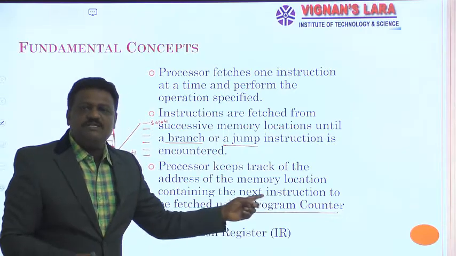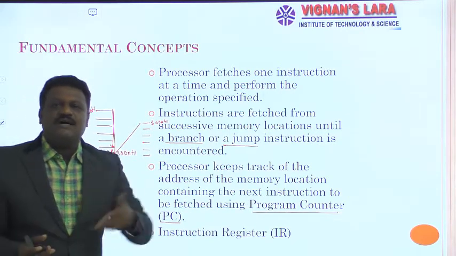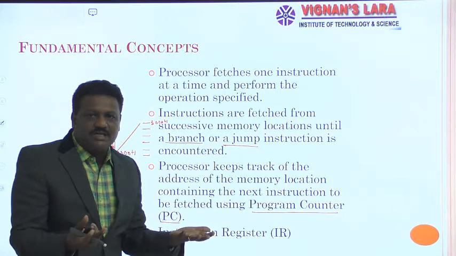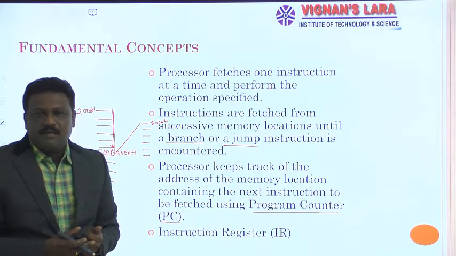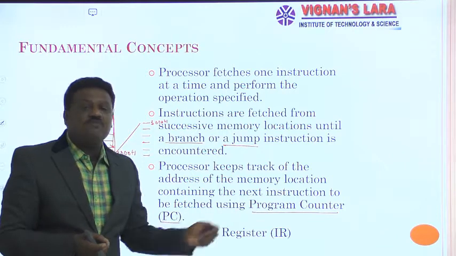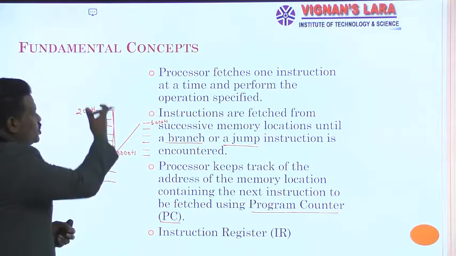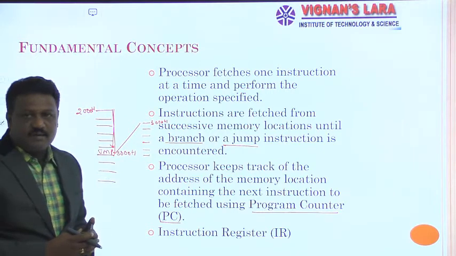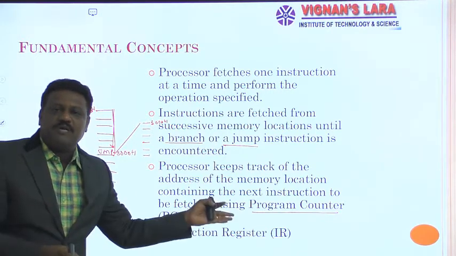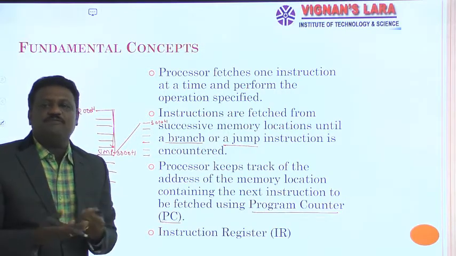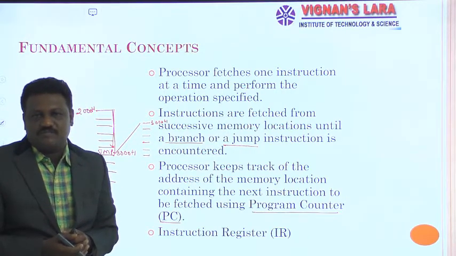The job of this PC is to point to the address of the next instruction from where your processor is going to take the next instruction from the memory. So that address is always provided by the program counter PC. So in the execution of successive instructions, we take the help of the program counter PC because its job is always to provide the address of the next instruction.